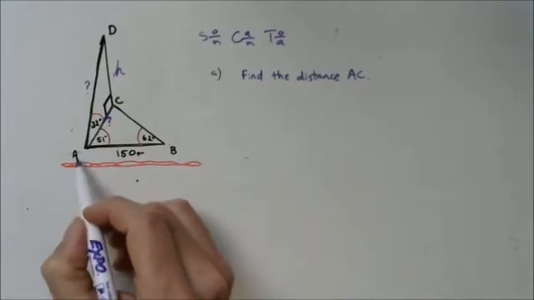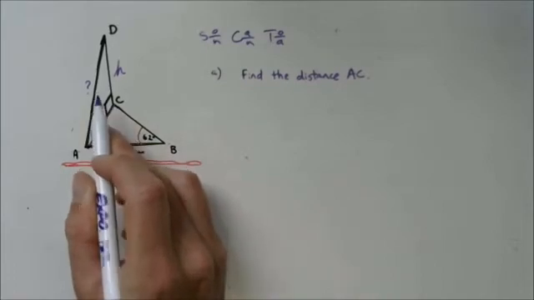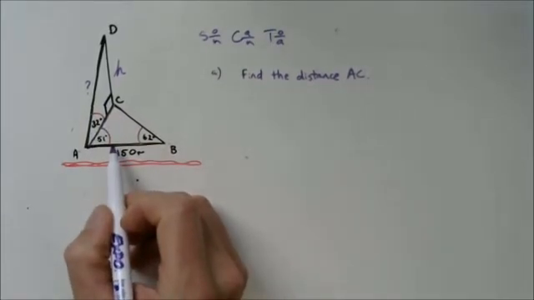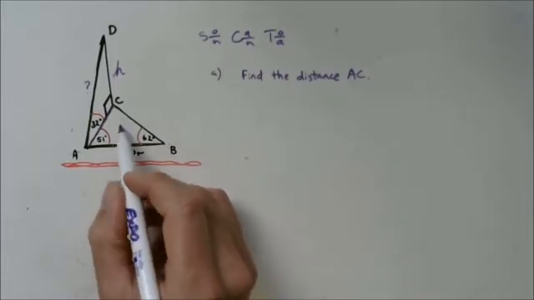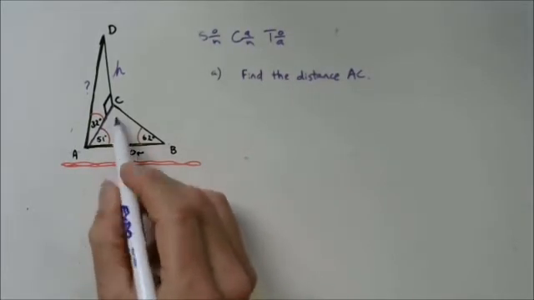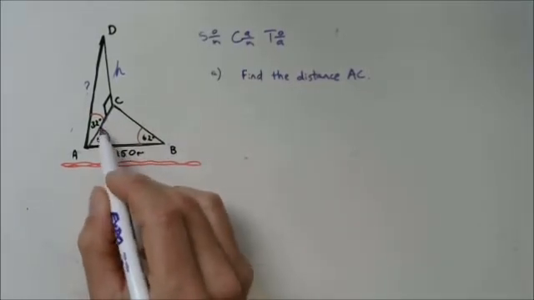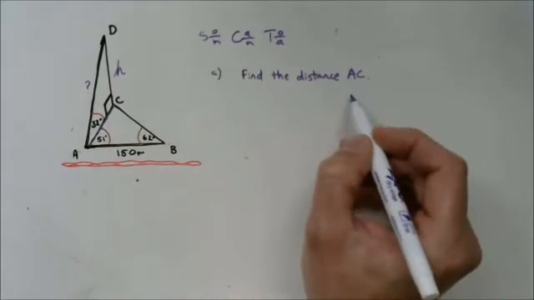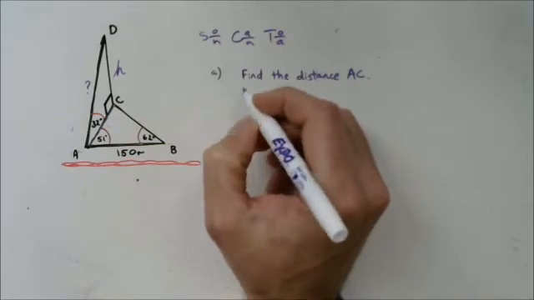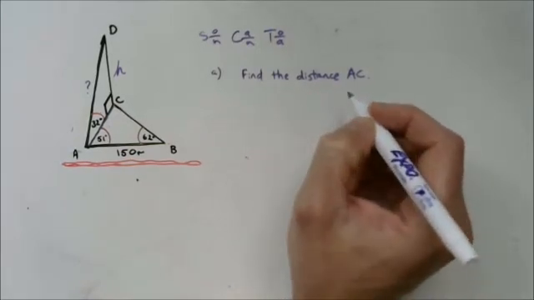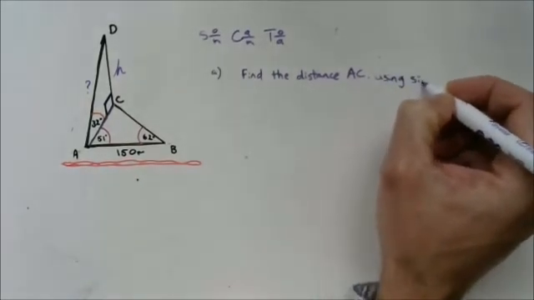Could I get opposite information? Well, sure, if I know angle A and I know angle B, then I can find angle C by using the sum of interior angles. And then I can use Sine Law, because I'll have side C and angle C, and then I'll have angle B, and I'll be able to find side length B. So we're going to find the distance AC using Sine Law.